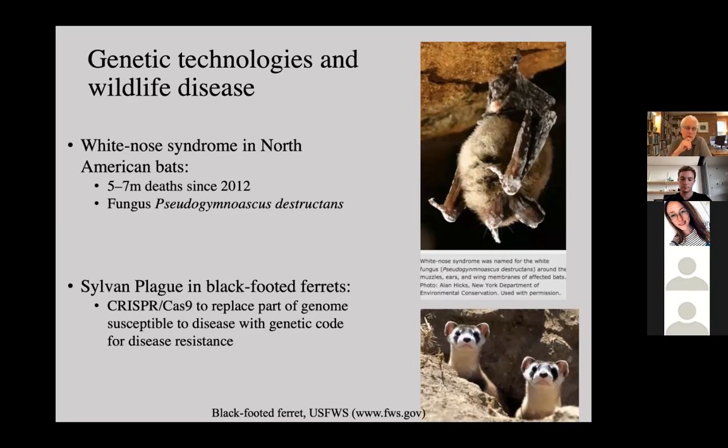And there's also some work being done on other species like black-footed ferrets and sylvatic plague. So if you've got either a very rapidly advancing disease problem, and wildlife disease is a major challenge for biodiversity conservation, or a very rare species, the black-footed ferret was thought extinct until a very small population was discovered in Montana.